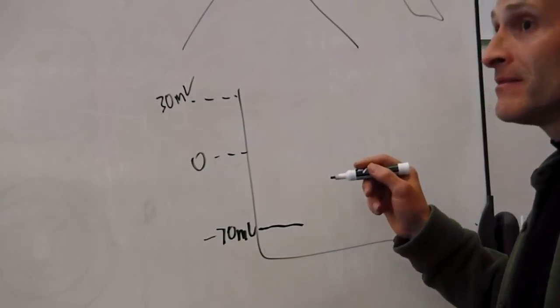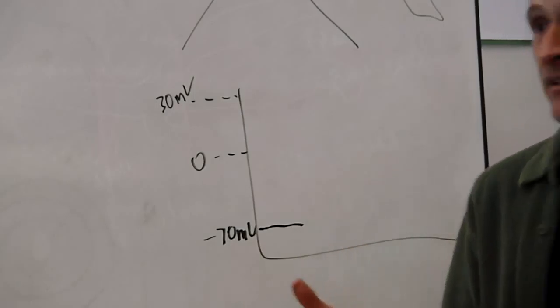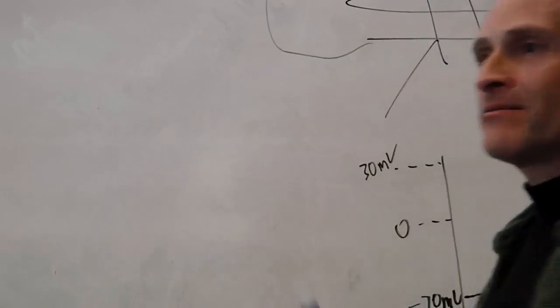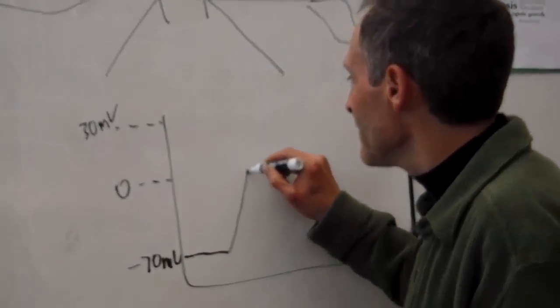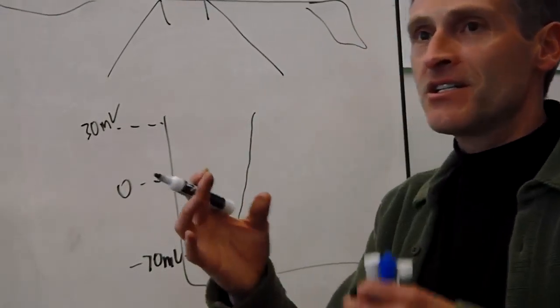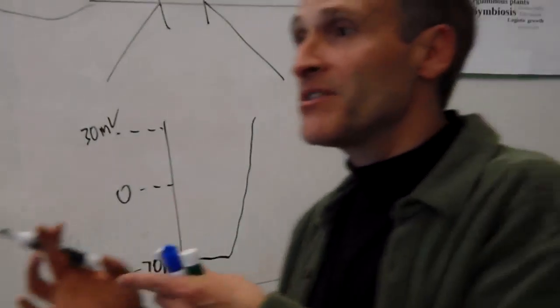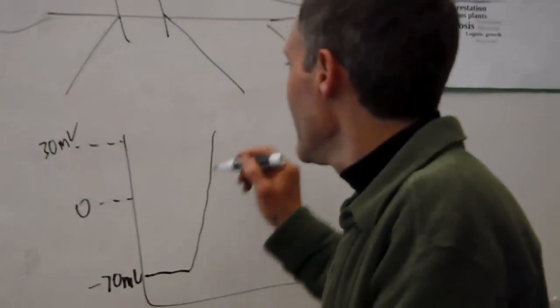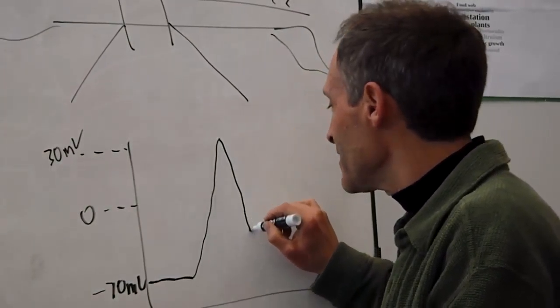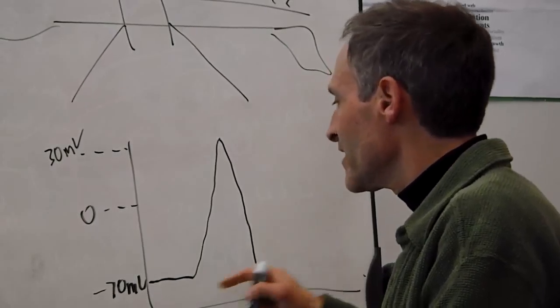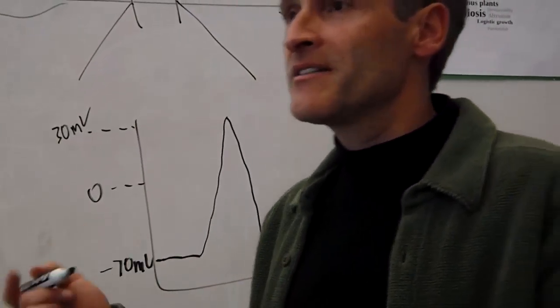And then there's going to be a stimulus coming, like someone hits you or someone does something, right? You feel something, right? Then you're going to have a change in charge, a change in potential, okay? And obviously that's going to send a signal down, and it's going to come back down, but it goes below minus 70 millivolts.